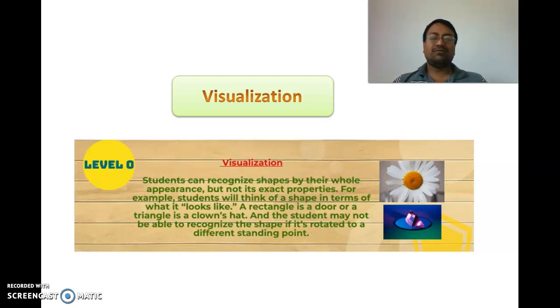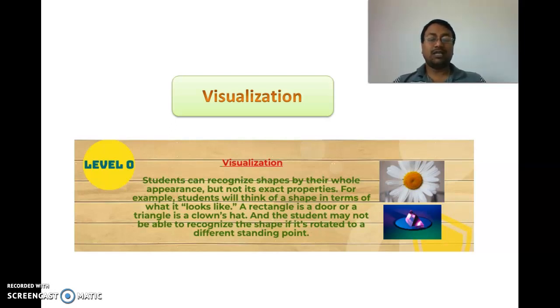The first level, named level 0, is visualization. In this level, students can recognize shapes by their whole appearance, but not their exact properties.